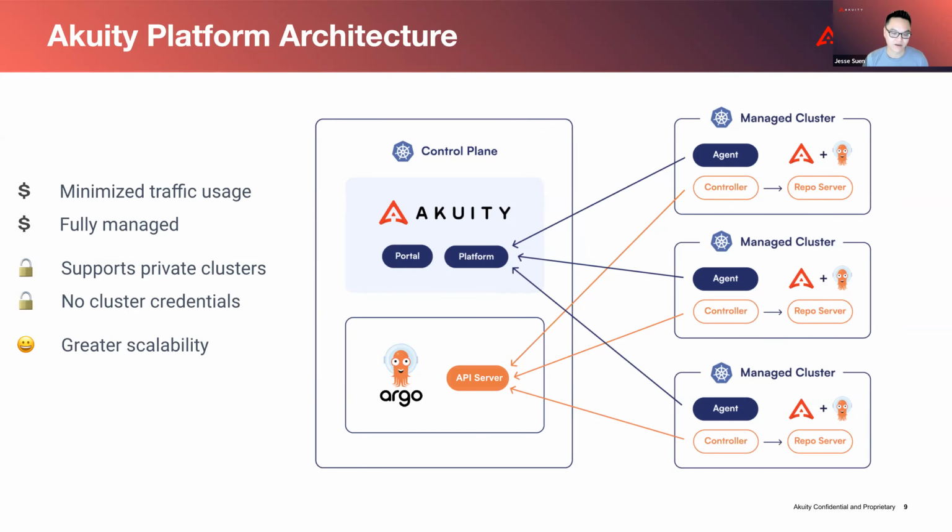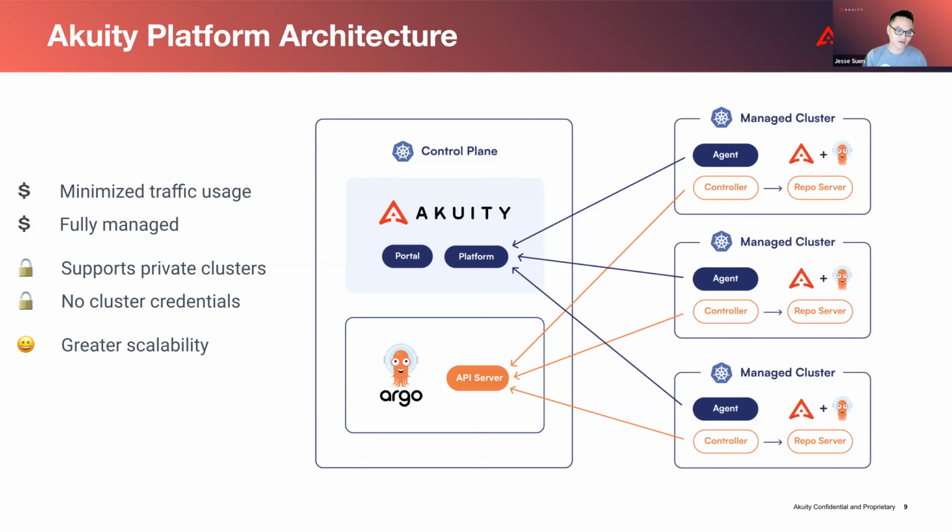And also you'll notice that none of the cluster credentials are actually being stored in the control plane anymore. We don't need those credentials anymore, because the agent is the one that has the appropriate service account, and that thing is only getting certain instructions to deploy from the control plane.